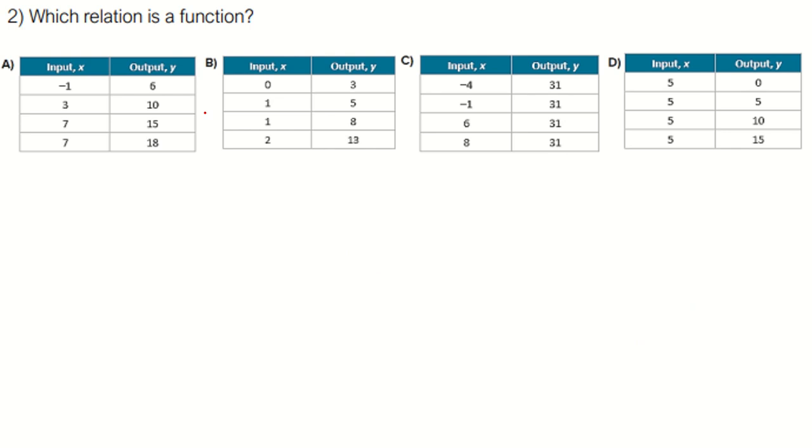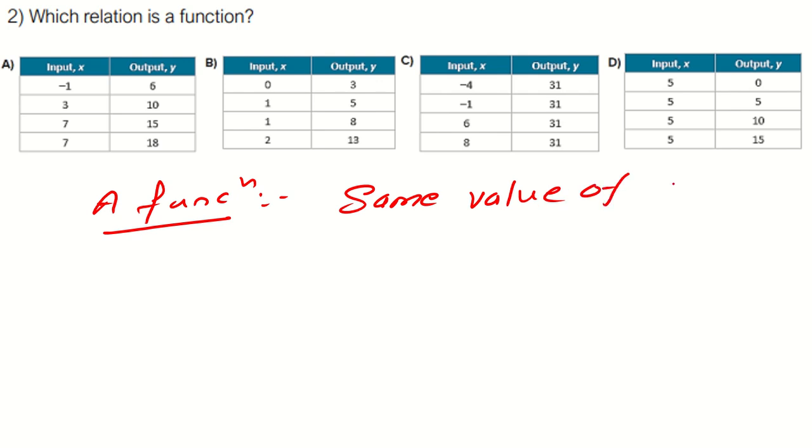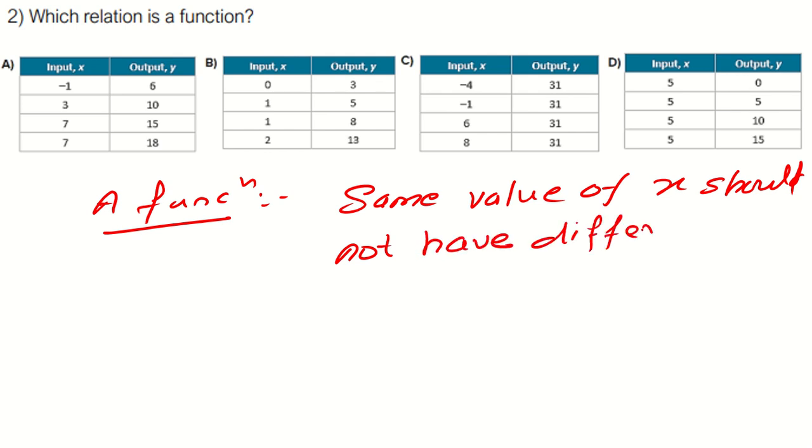Now this is the same type of question but for the table. What I told you: a function means the same value of x should not have different values of y.